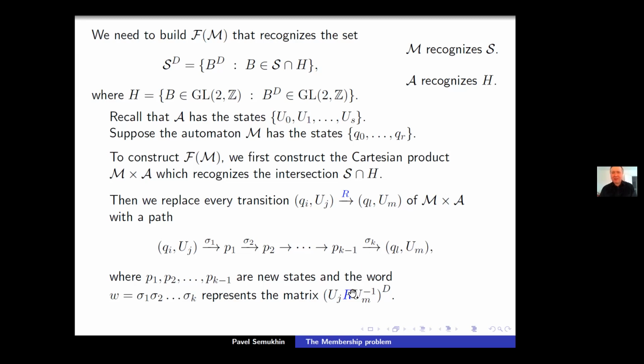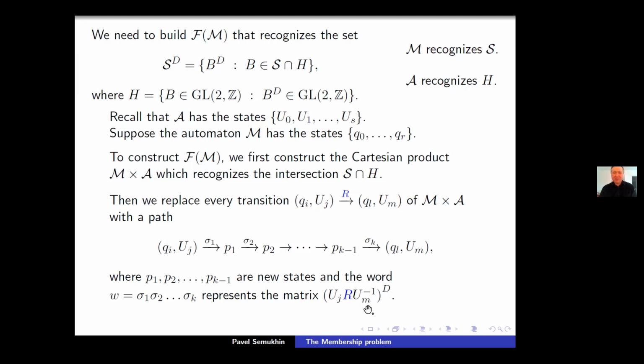Now let's consider this product, uj times R times um inverse, where uj and um are these matrices here. Then, by the definition of the automaton A, this product must belong to this group H.